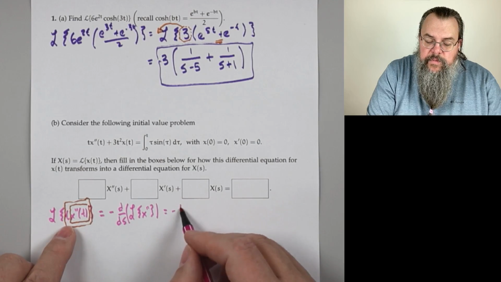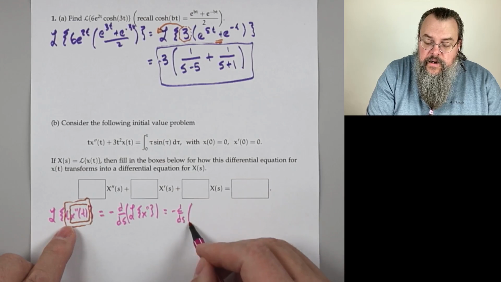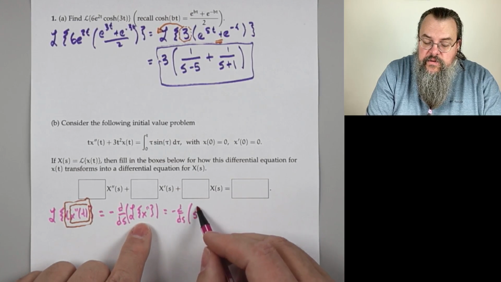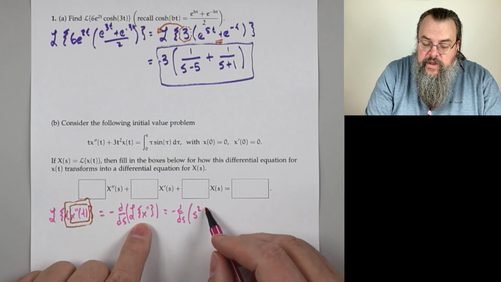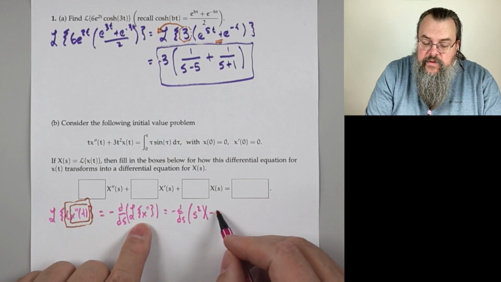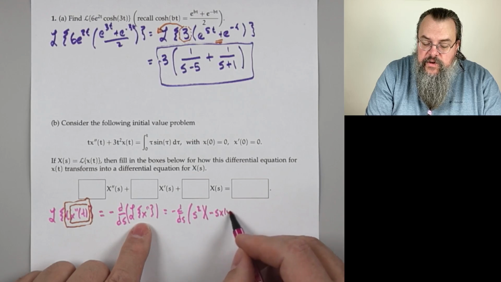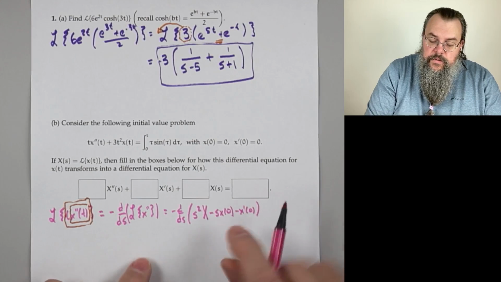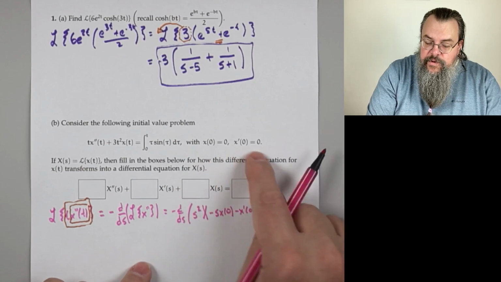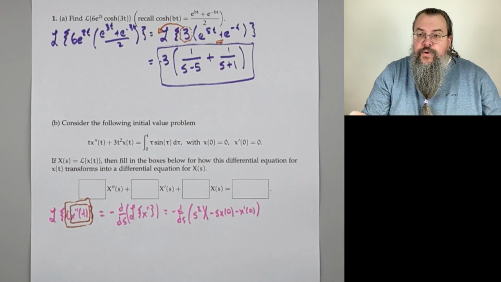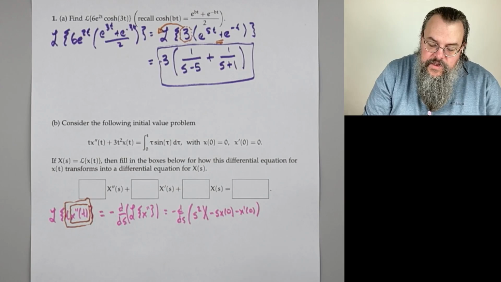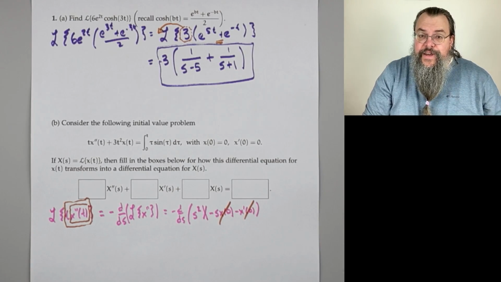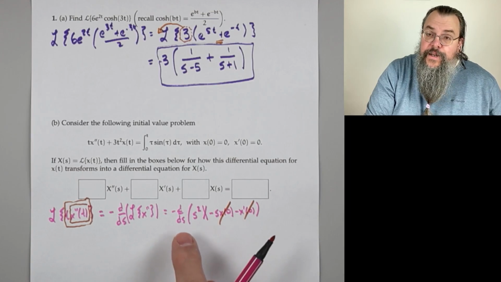Say, okay, well that's minus the derivative of, now the Laplace transform of x double prime would be s squared capital X minus s little x of 0 minus x prime of 0. Well, we're in luck. These are both 0. So, gone. So, we have to take the derivative of s squared times X. And don't forget the minus sign.